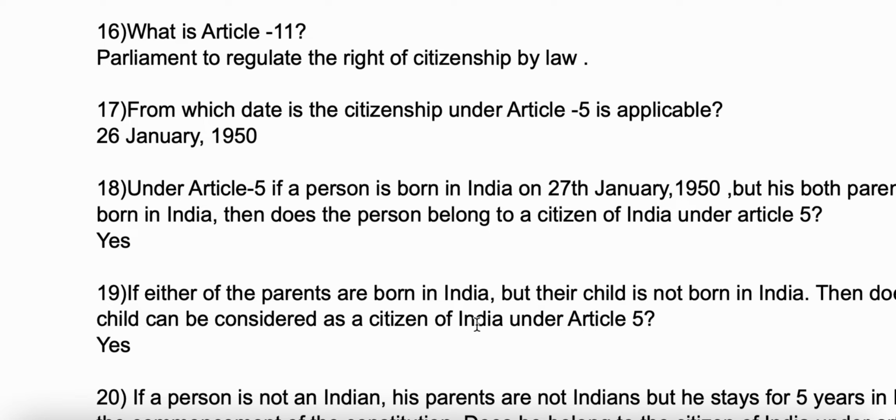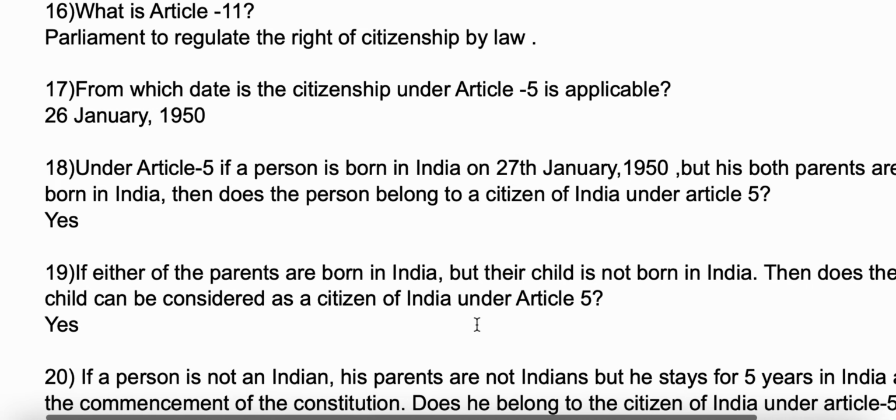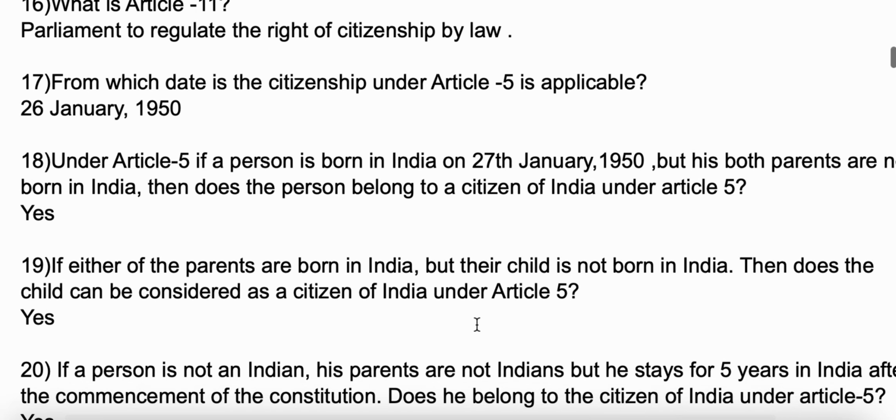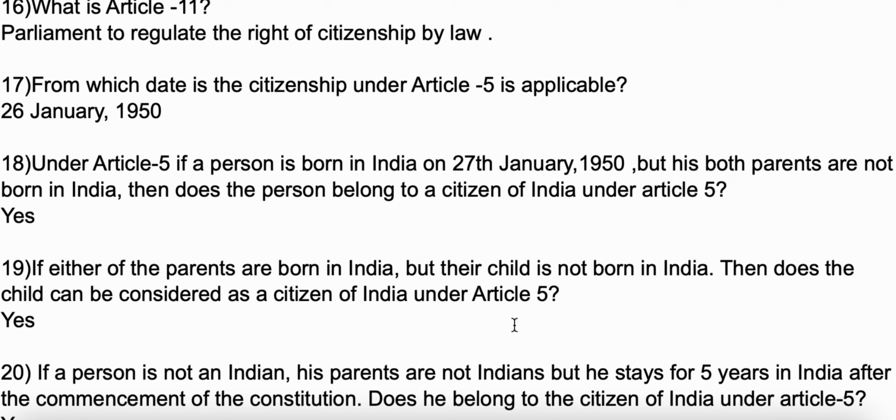Now 18th question, under Article 5, if a person is born in India on 27 January 1950 but both parents are not born in India, then does the person belong to the citizens of India under Article 5? Yes. If a person is born on 27th January, remember, citizenship under Article 5 started from 26 January 1950.